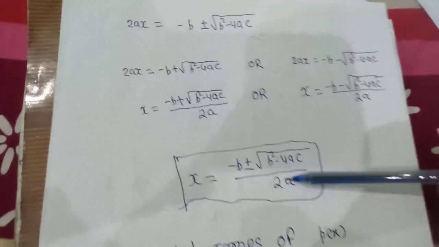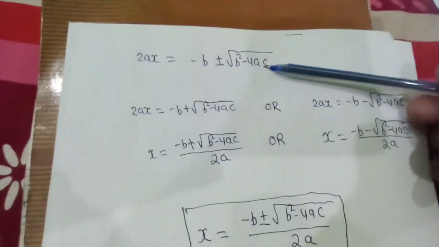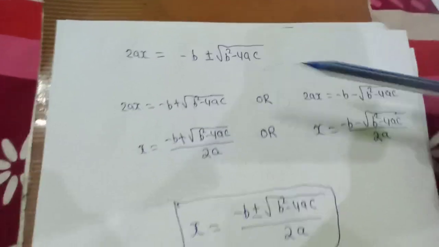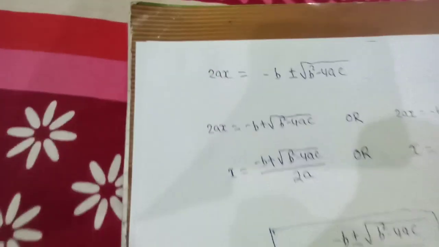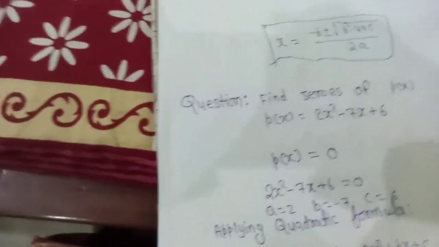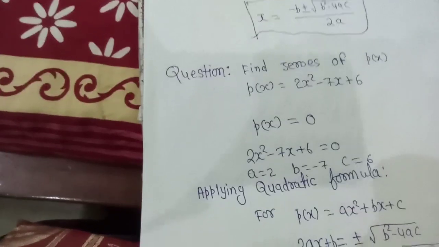It is a very universal formula, so you can remember this, or this also you can remember, but I prefer this. So we found the zeros of the quadratic polynomial by the quadratic formula method, but there are other ways also.